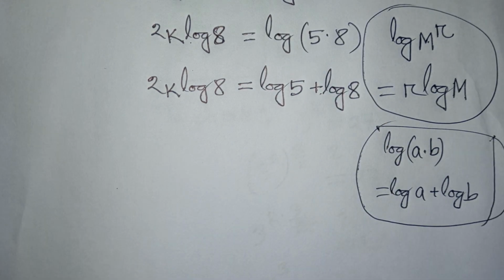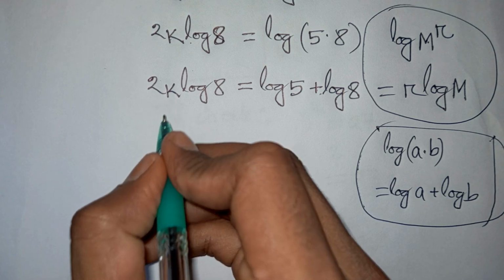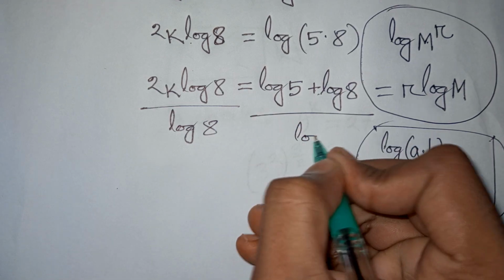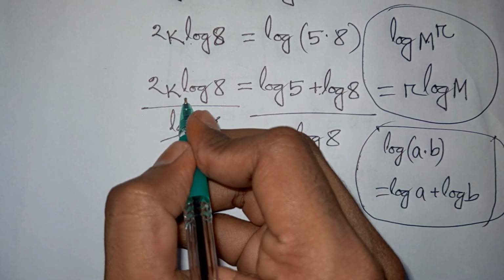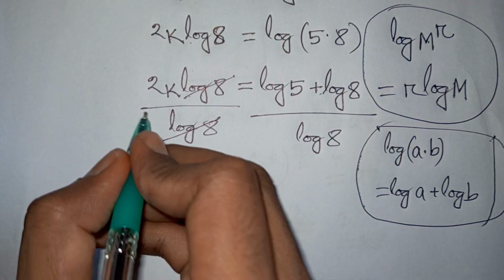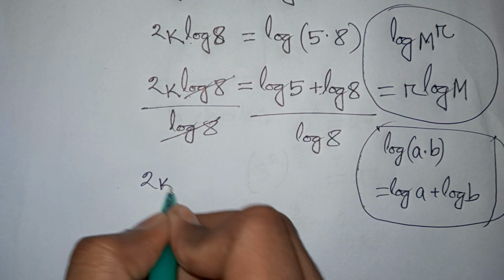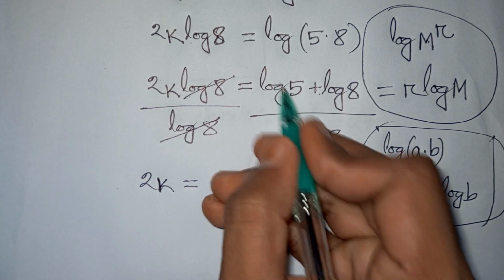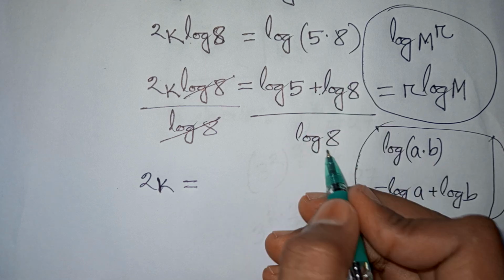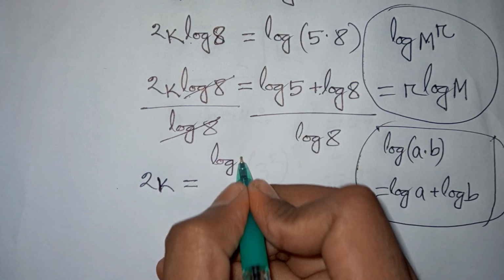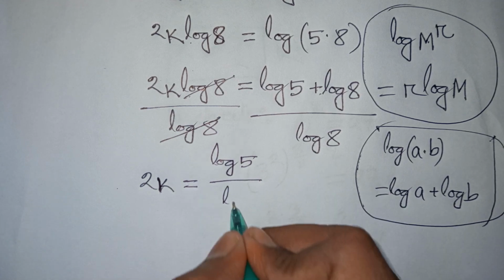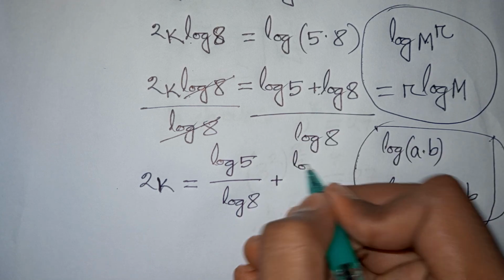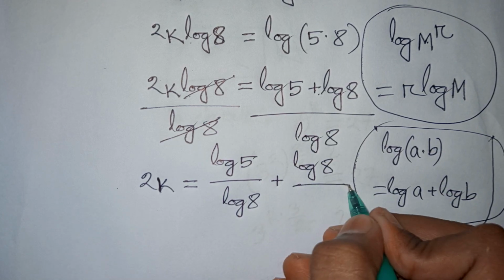In the next step, now we need the value of k. So divide by log 8 on both sides. Divided by log 8, so this log 8 will be cancelled. So we have 2k is equal to log 5 over log 8 plus log 8 over log 8.